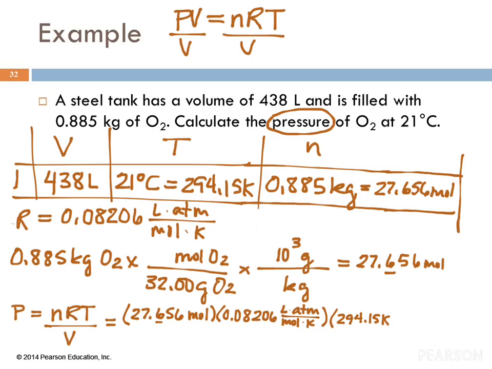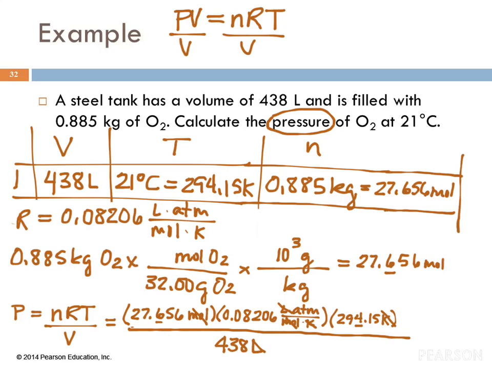Where's the uncertainty in that temperature? In the 4, the ones place. So that has 3 significant figures. And trying to get this small enough that I can draw a line all the way across, and that's all divided by 438 liters.